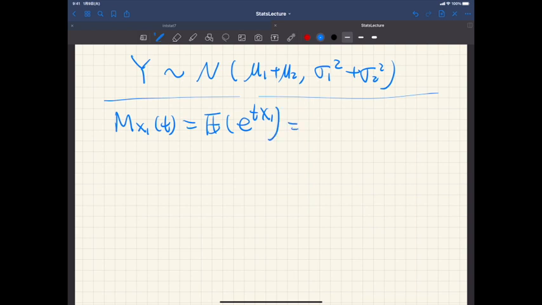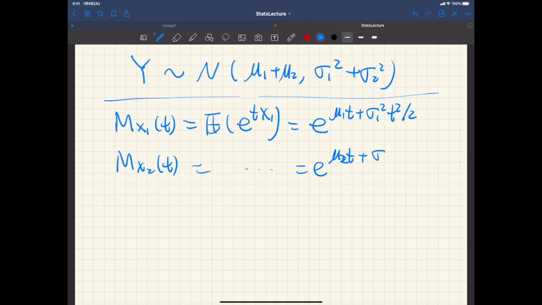So it turns out this is equal to exponential of mu1 t plus sigma 1 squared t squared over 2. And similarly for x2, so I just skip this. That is exponential of mu2 t plus sigma 2 squared t squared over 2.